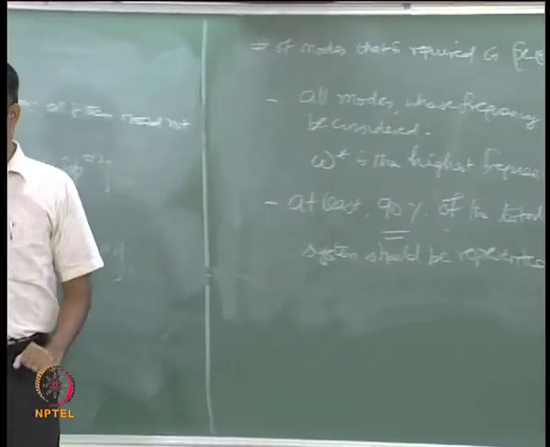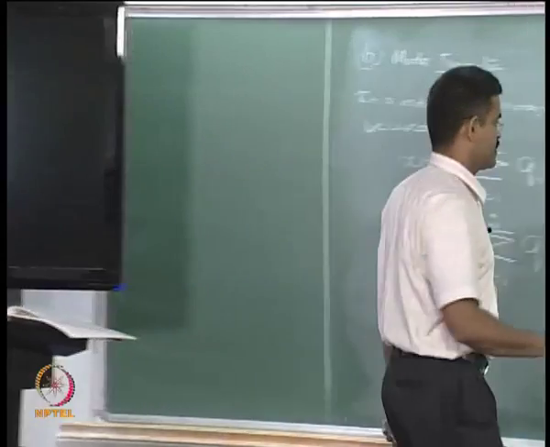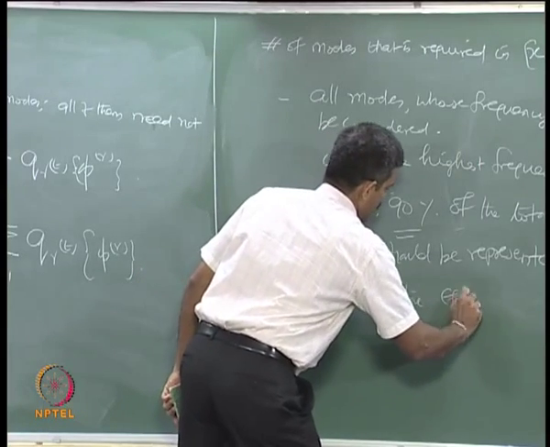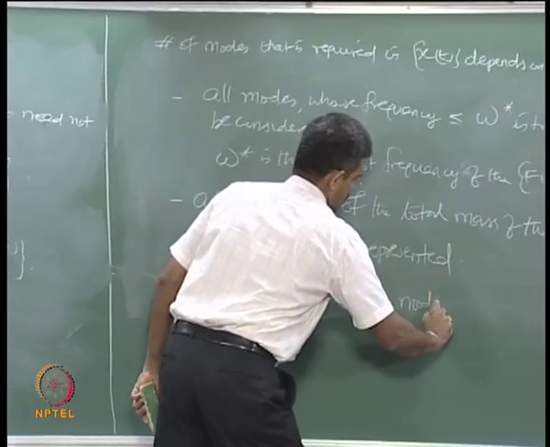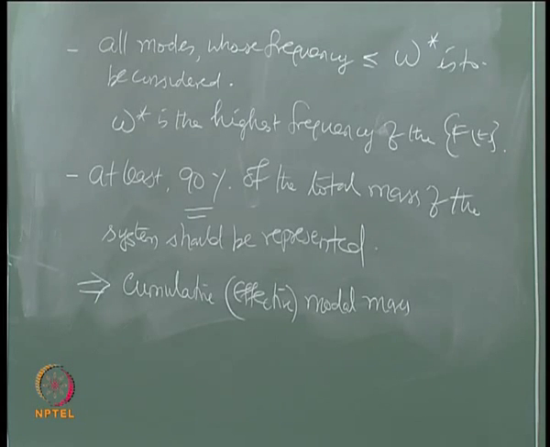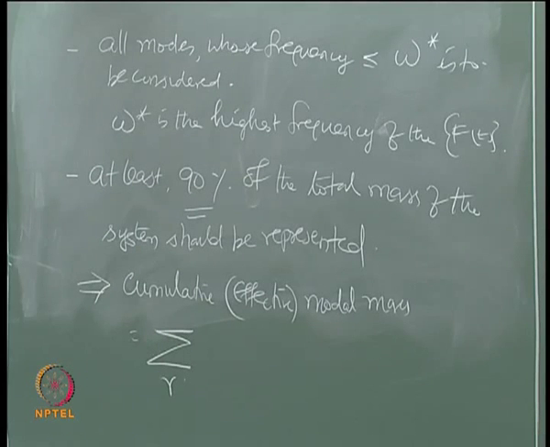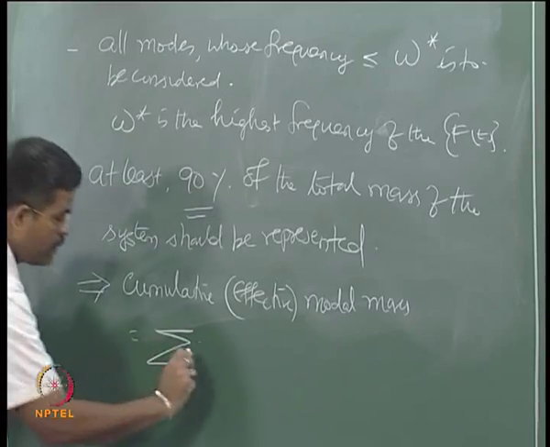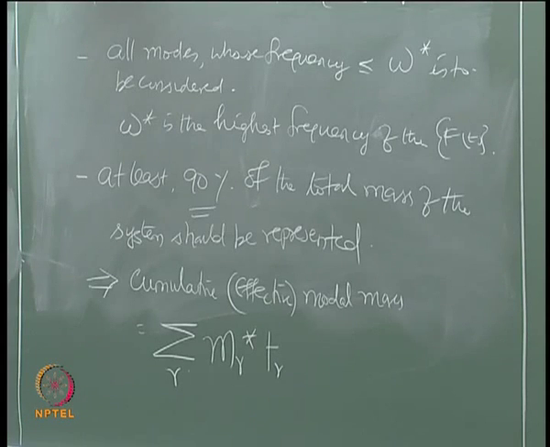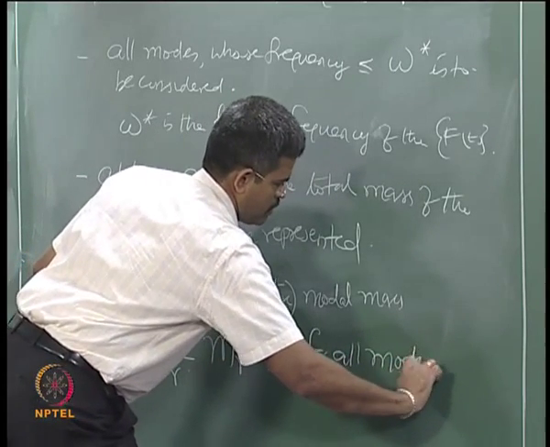How will you check the second condition? The second condition says that the cumulative effective modal mass is simply the sum over r, where r is the number of modes you are considering, of m_r star times gamma_r star, for all modes.